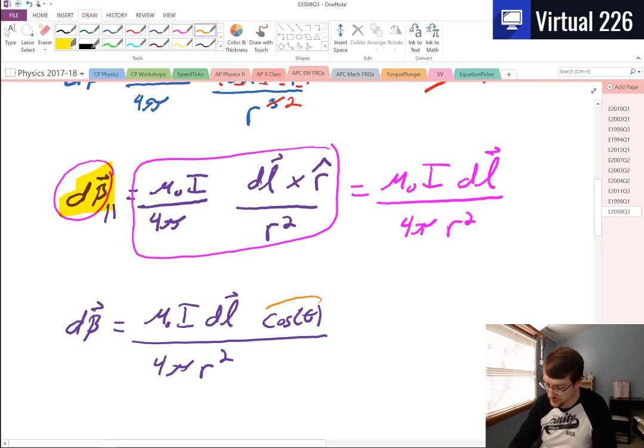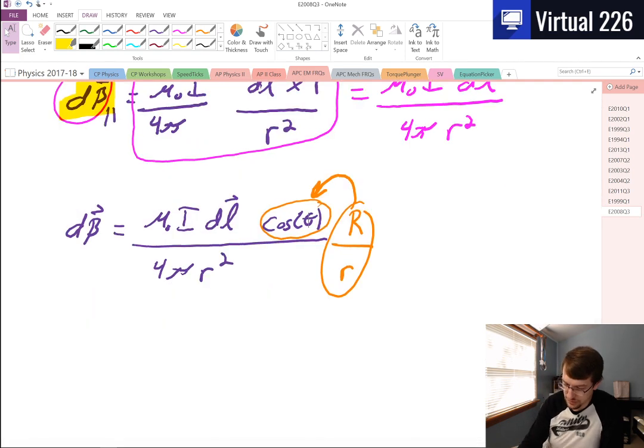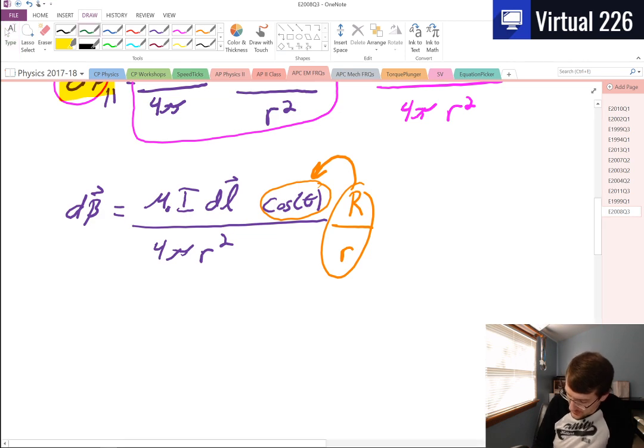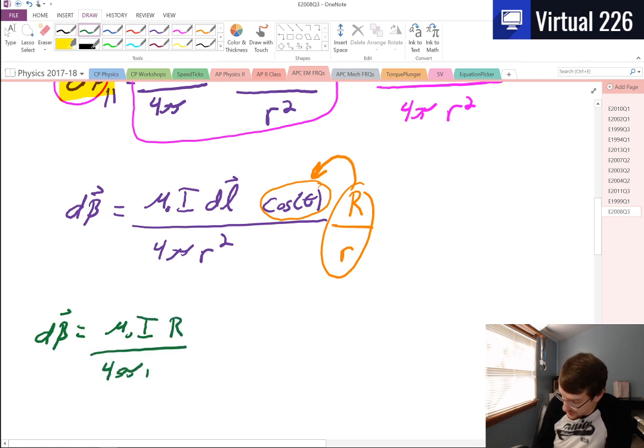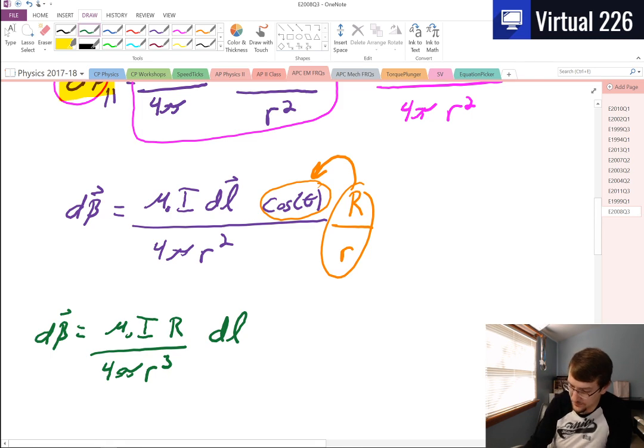Well, we know what this cosine of theta is going to be. It's going to be big R over little r. Okay, so we're going to take that and dump that in there. Now, this is where it gets long. We're going to have dB equaling mu naught I R over 4 pi r cubed dl.